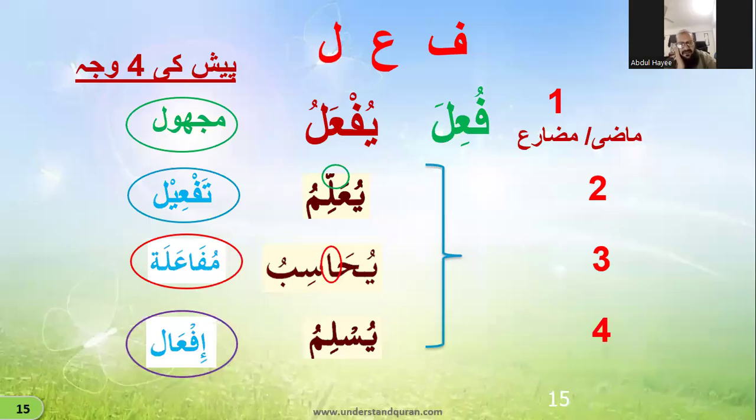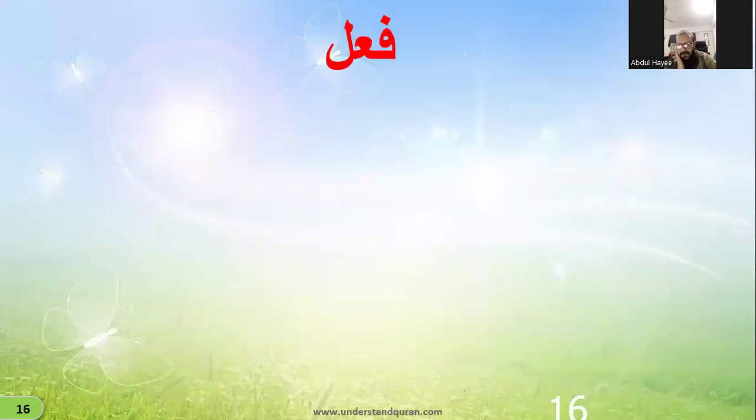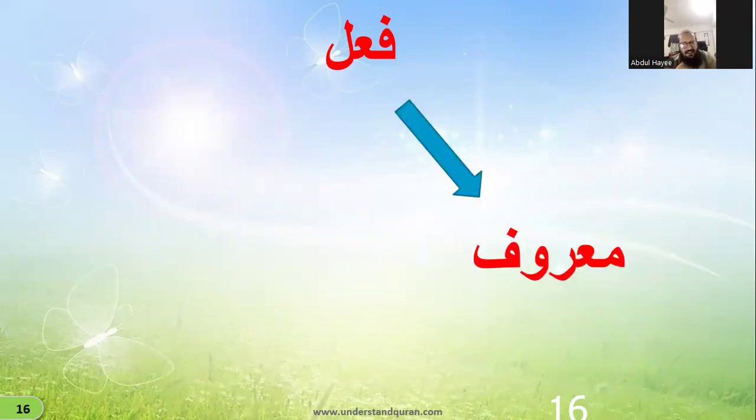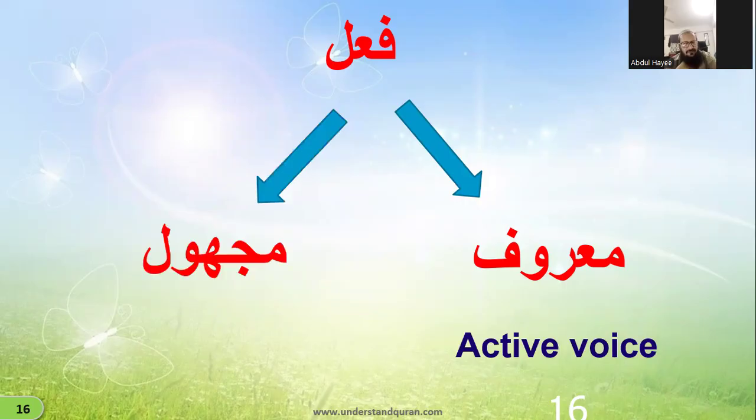Remember this: yu'allimu, yuhasibu, yuslimu, they are all ma'ruf. Only fu'ila, yuf'alu, they are the majhul. Okay, fa'il is again there. When the fa'il is ma'ruf, it means it's active voice. When the fa'il is majhul, it means it's passive voice. Now, what is the difference? Why are we going into so much detail?